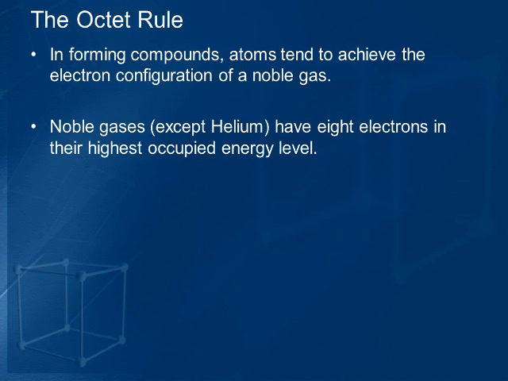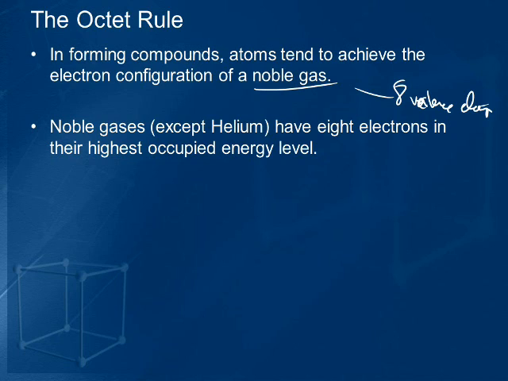The octet rule. So when forming compounds, atoms tend to achieve the electron configuration of a noble gas. So remember, the noble gas has 8 valence electrons, except for helium, which has 2.